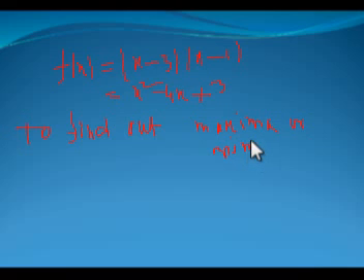Then how can it be done? I have given the condition to find a maximum or minimum. The first derivative of f(x) must equal 0. So take the first derivative of f(x).